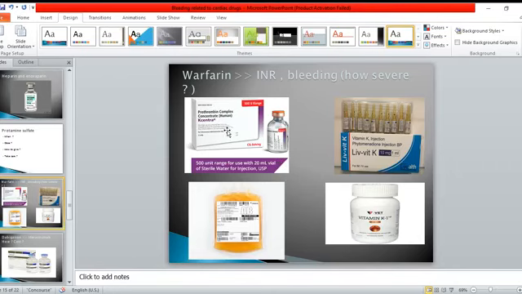Of course, we know that warfarin has many disadvantages, including drug-drug interactions, interaction with food, the need for continuous monitoring with PT and INR, and also some side effects and complications associated with warfarin, the risk of bleeding.